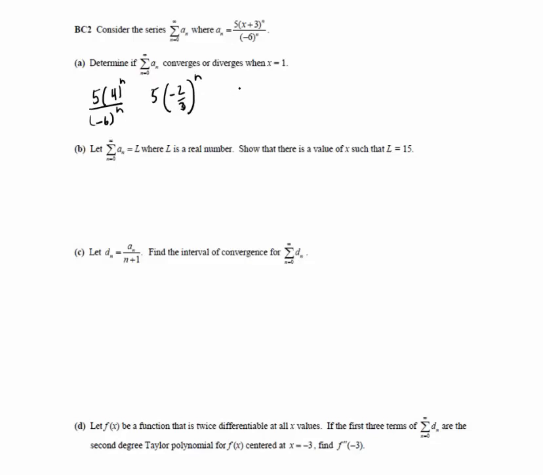So for this one, the absolute value of r is less than 1 because 2/3 is less than 1. So this will be converges by geometric series, where the absolute value of r is less than 1.